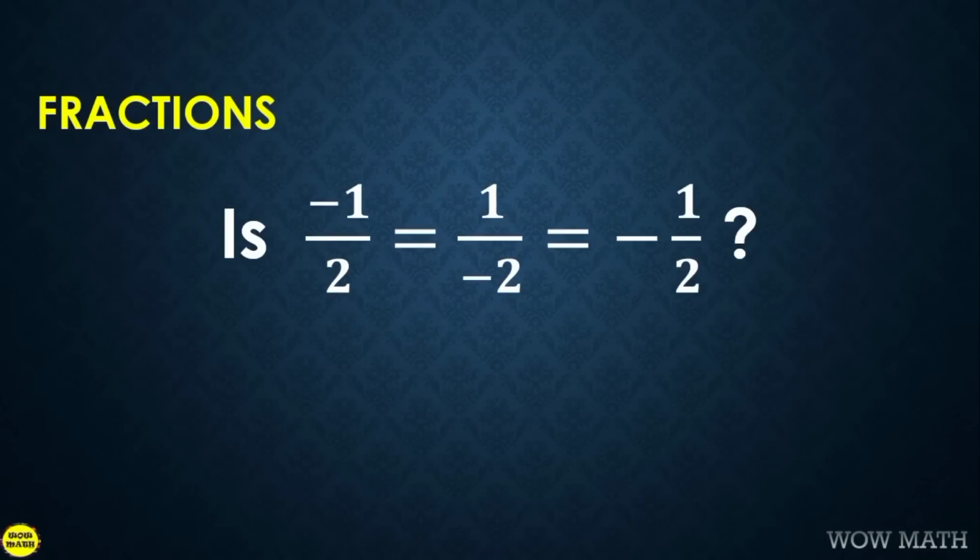Question. Is negative 1 over 2 equals to 1 over negative 2 or equals to negative 1/2? So equal ba sila itong tatlo? Meron tayong tatlo, no? Yung una na negative sign natin sa numerator, yung pangalawa sa denominator, at ang pangatlo sa gitna. Equal ba yung tatlo na to? Yes or no?